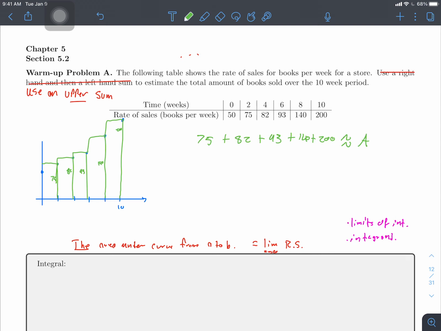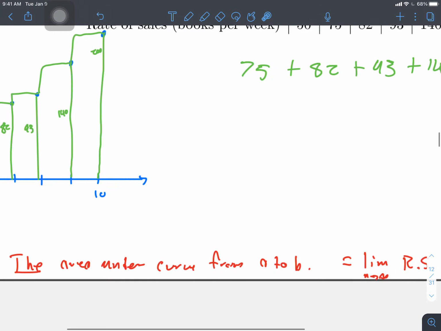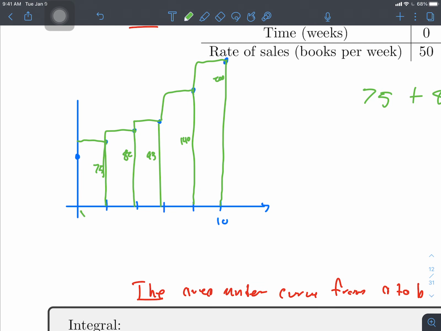Yeah, Christian? Multiply it by the rectangle. Yeah, very good. I made a mistake here, didn't I? I was trying to catch you guys out. The area of each of these rectangles is not just given by the height. We need to multiply the height times the width. And each of these rectangles has width 2.